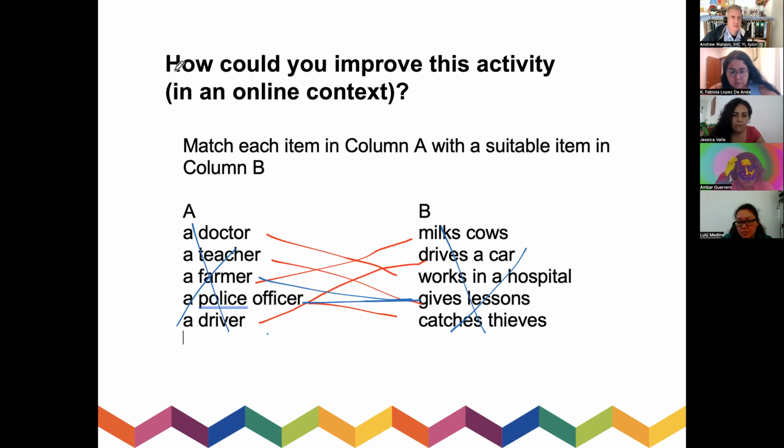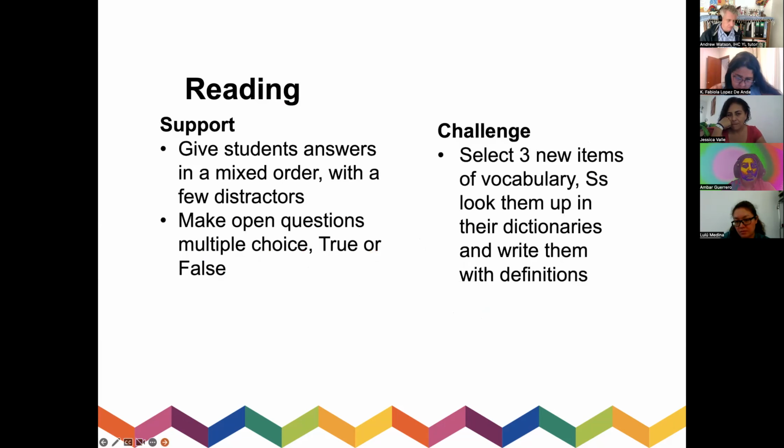Okay, so here are some ways. That's another way you can adapt these controlled practice activities. They seem a little bit mechanical, don't they, sometimes for students? So sometimes they need to use their imaginations and creativity more, especially the more advanced ones.